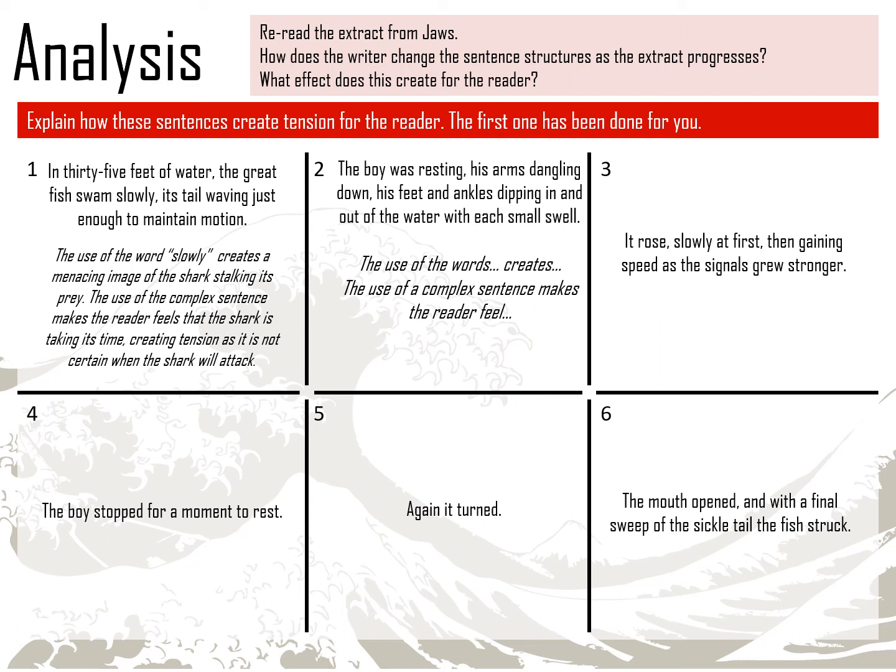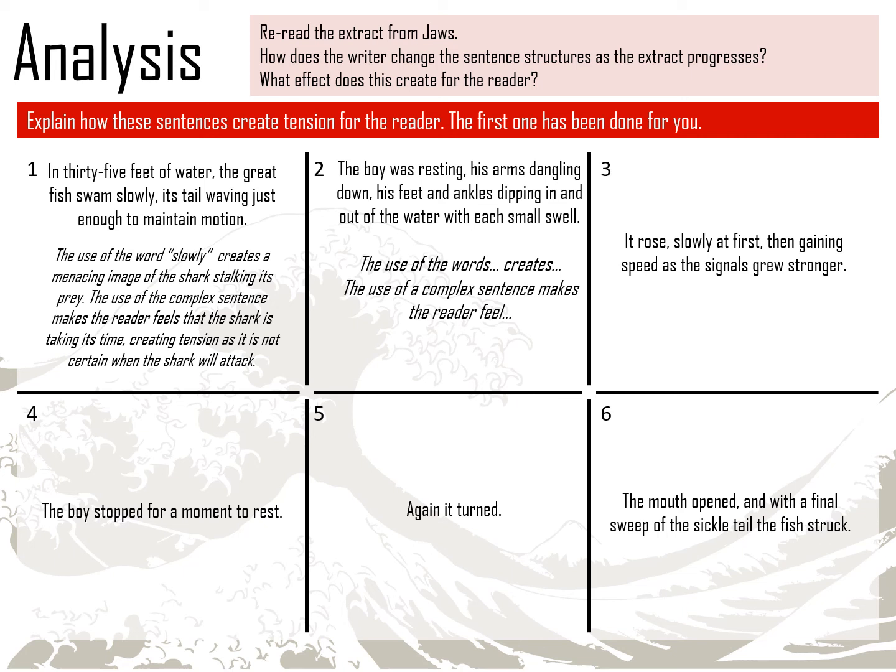For example, the first sentence: "In 35 feet of water, the great fish swam slowly, its tail moving just enough to maintain motion." Now that's obviously a complex sentence. And if we think about this, the word "slowly" creates a menacing image of the shark stalking its prey.